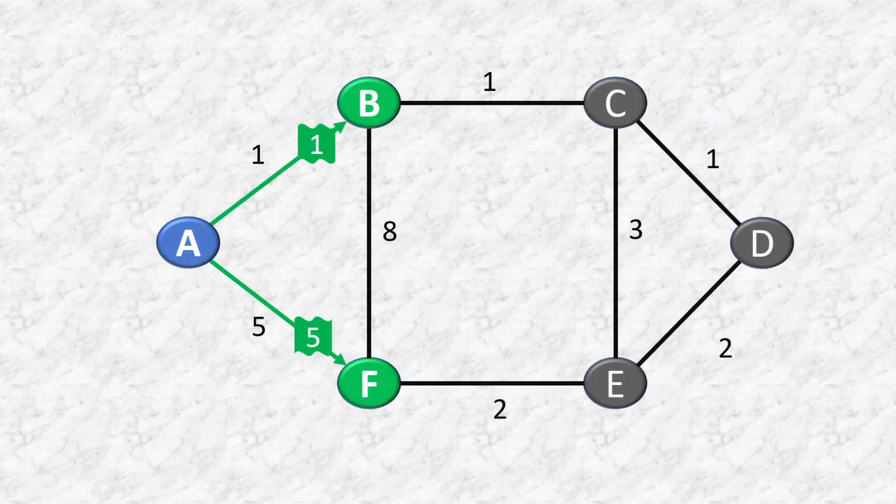The blue color marks those that are already in the network. At this stage, A is the only node in the network, and we have a choice amongst B and F. B at a cost of 1, F at a cost of 5. So obviously B is the one that is chosen. It is the cheaper of the two.